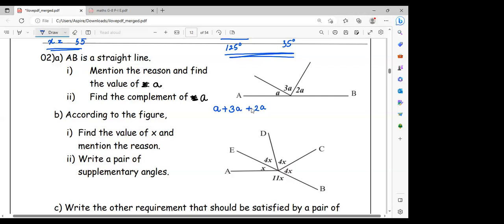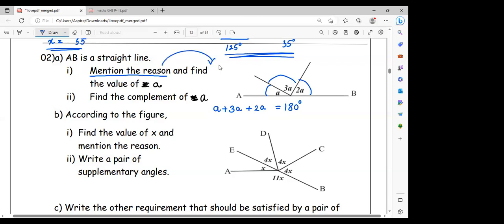This is the sum of the angles on the straight line segment. There are three angles, so this sum must equal 180.